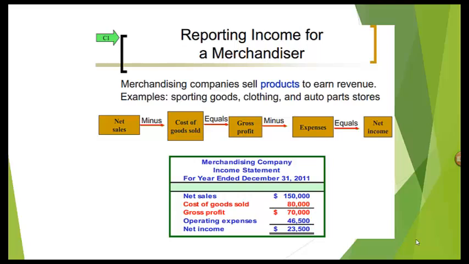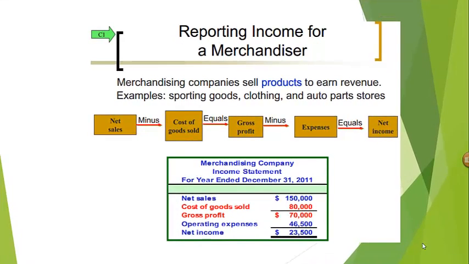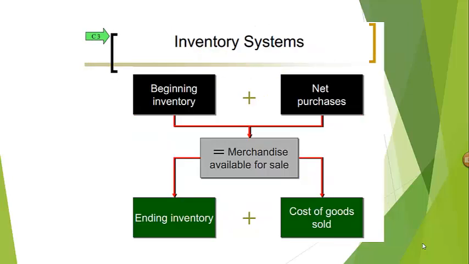These expenses could be marketing expenses, administrative expenses, and other expenses, and then we get to the point where we have net income. But again, the takeaway from this slide is that gross profit is very important to a merchandiser because it explains how much gross profit the organization is making from the sale of its inventory.